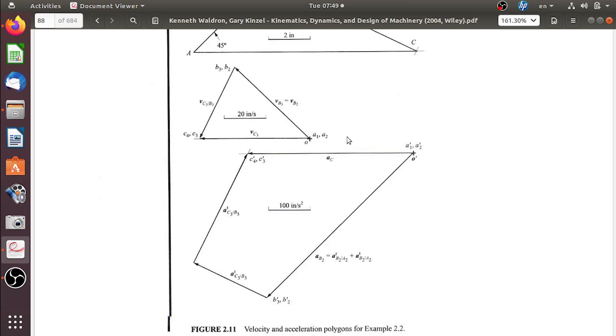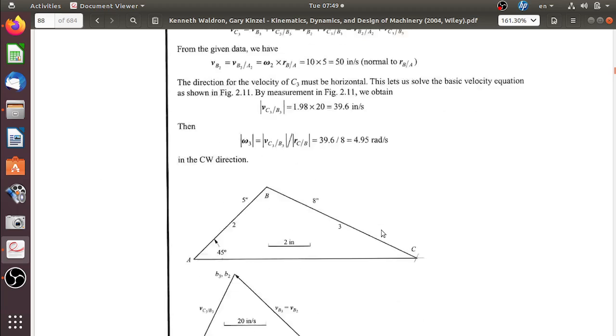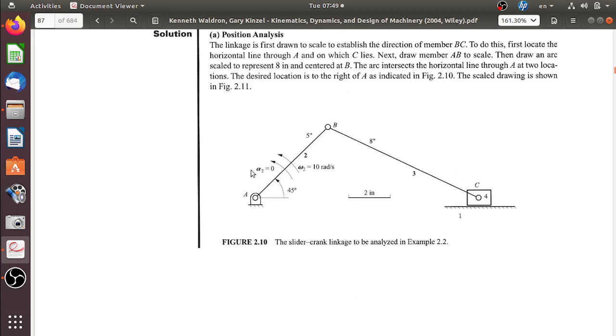The only thing we do not know is the tangential component, because we require the angular acceleration, and that we will identify only after we construct this. Even in this problem, alpha 2 has been given as 0. That is one additional piece of information with which we can construct our acceleration diagram.